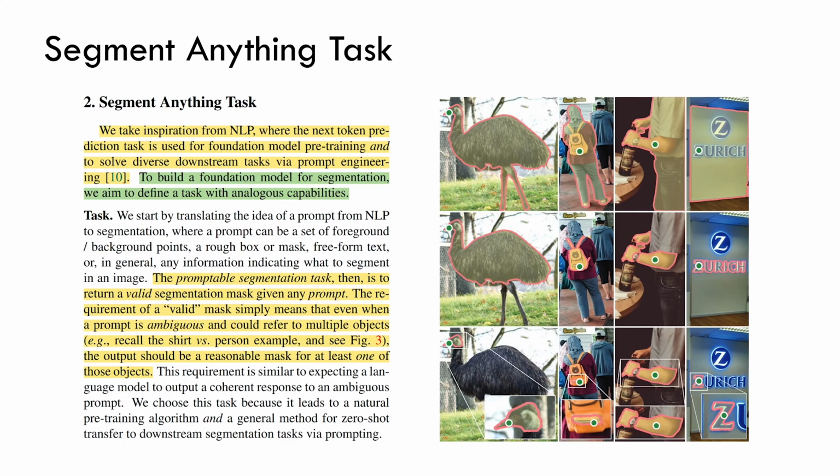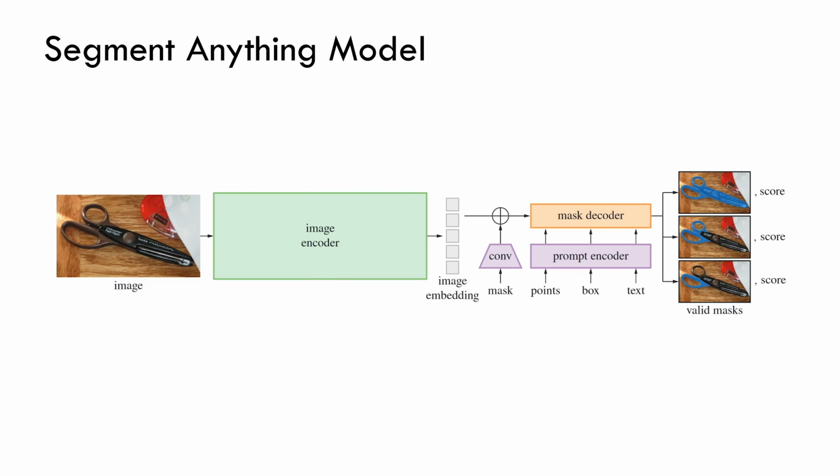If we click on the Z here, this point could refer to the Z itself, or to the entire text here, or to the entire wall. So the model has to return at least one of these 3, and in the best case, of course, all 3 of them.